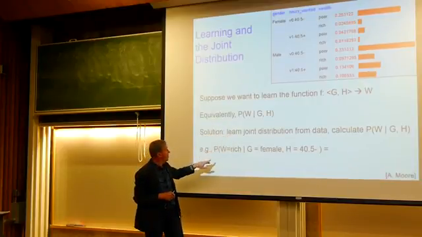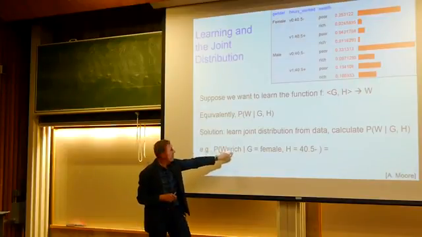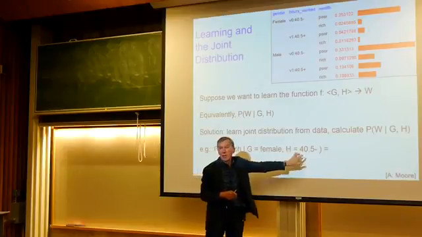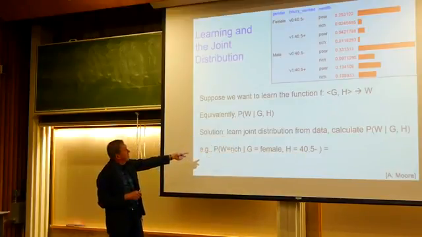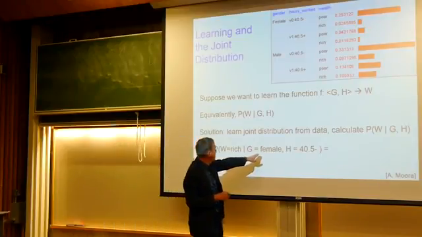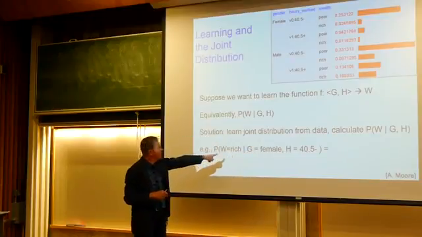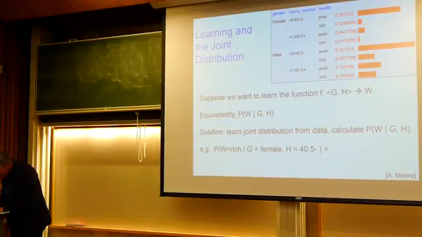Once we have the joint distribution, we can get the probability of any given value for wealth given the gender and the hours worked. For example, you should be able to tell me, can we get this? Let's do this one on the fly. This is so simple. So what do we have to do? What are the 2 things we have to get here? We want to get the probability that all of these are true. Wealth equals rich and gender equals female.